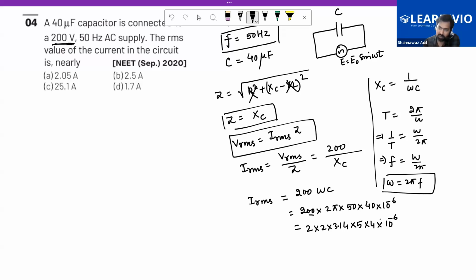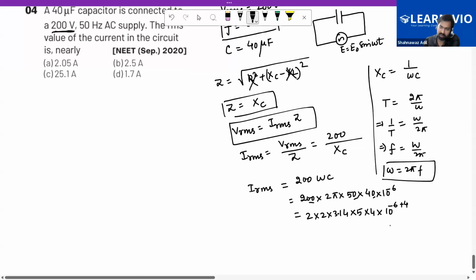This is 2, this is 1, this is 1. So plus 4. Right. So how much is this thing? So 5 twos are 10, and then 4 twos are 8. 8 into 10 is 80 into 3.14, and then this is 10 to the power minus 2.